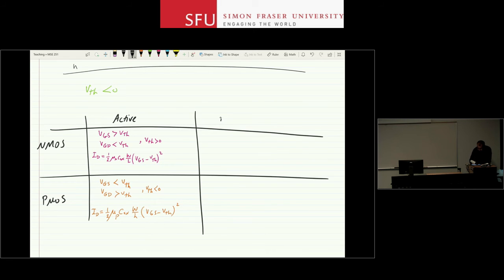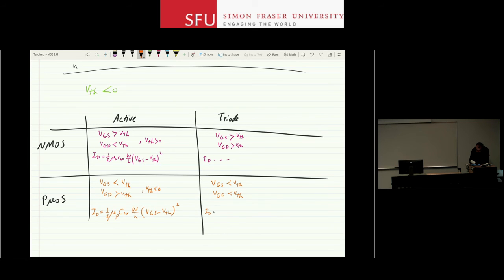For triode region, for an NMOSFET, we must have had VGS larger than VTH and VGD larger than VTH. We wanted the channel at both ends, and ID was given by that expression. I'm not going to write it here. For a PMOSFET, you need to have VGS less than VTH. Again, in magnitude is larger. And VGD should be the same. You want a continuous channel from the source end to the drain end.